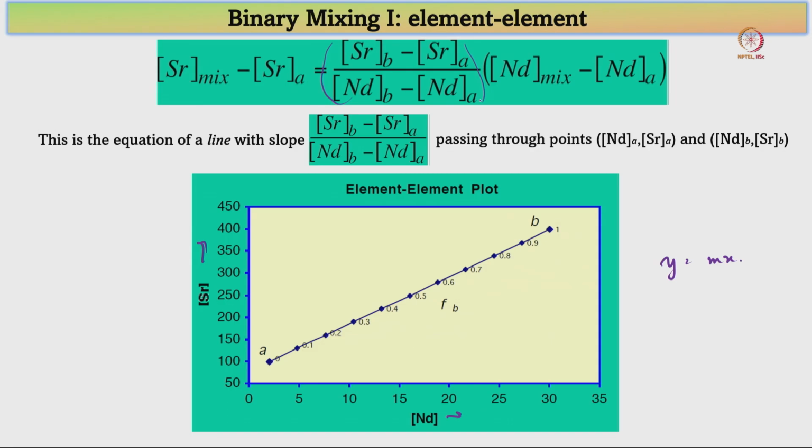So, it is the equation of a line. This line has a slope, that is strontium B minus strontium A divided by neodymium of B minus neodymium of A. And as you can see, it can change depending on the fractions. So, this is the fraction of B. This is our end member A and B, and this is how it is going to look for the different fractions.